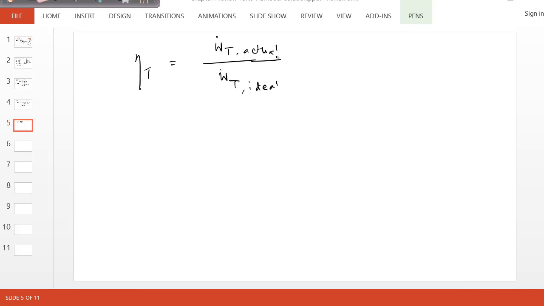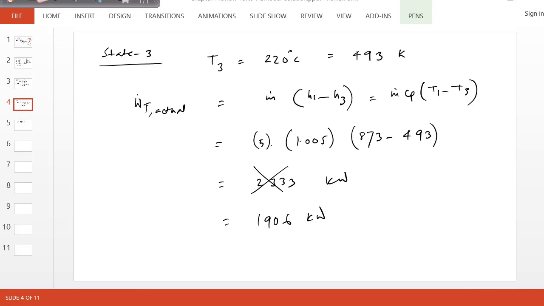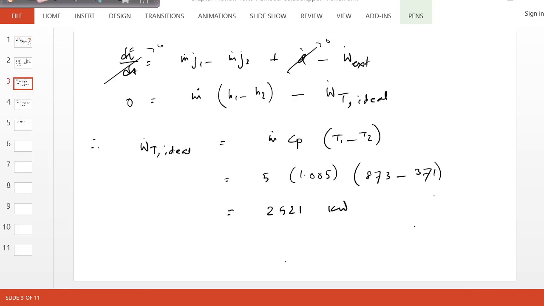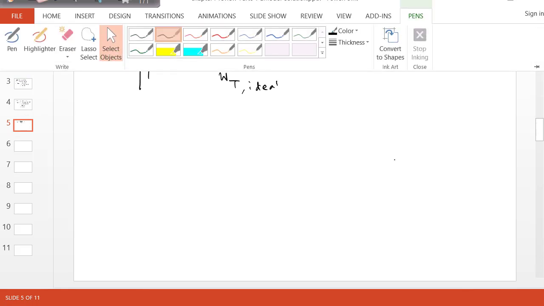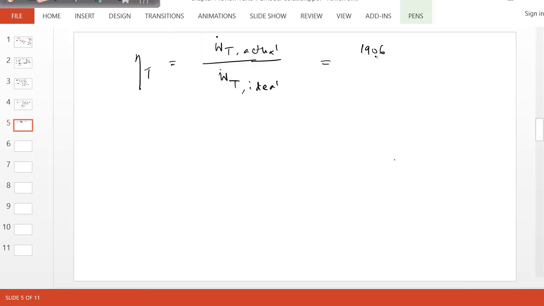So we divide the two numbers. One is 1906 and the other is 2521. And that's approximately equal to 0.75 or 75%.